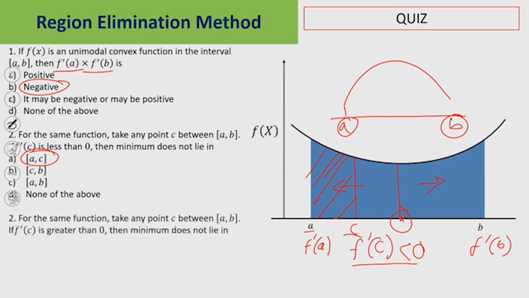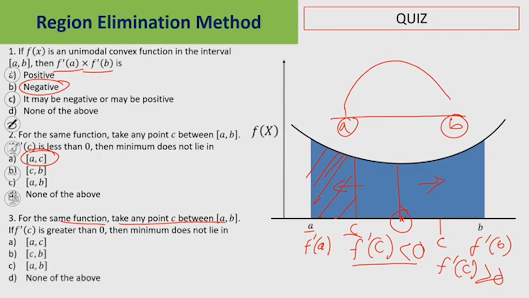Similarly, the third question is, for the same function, take any point C between A and B, and the derivative at C is greater than 0, that means positive. Now C is somewhere here and the derivative at C is greater than 0. Then the minima is not there between AC, CB, AB, or none of the above.